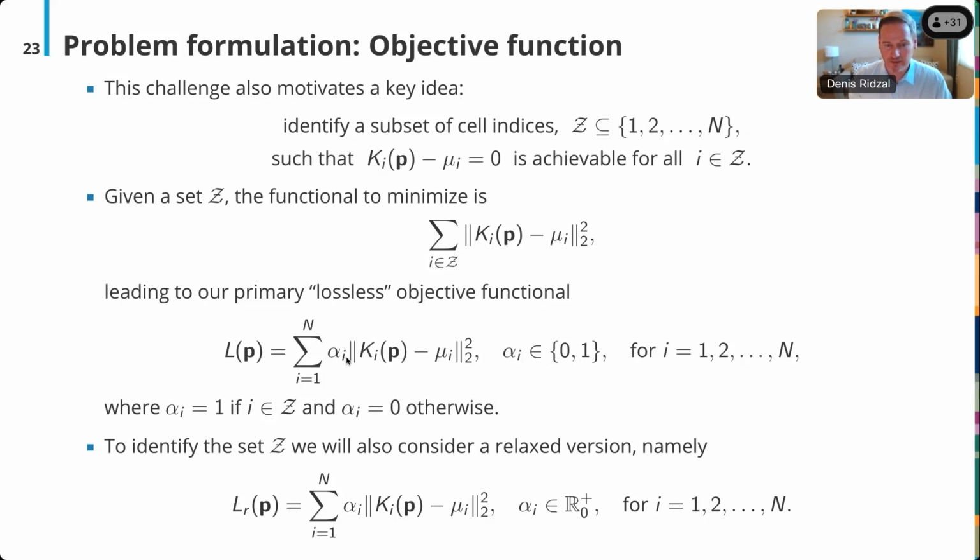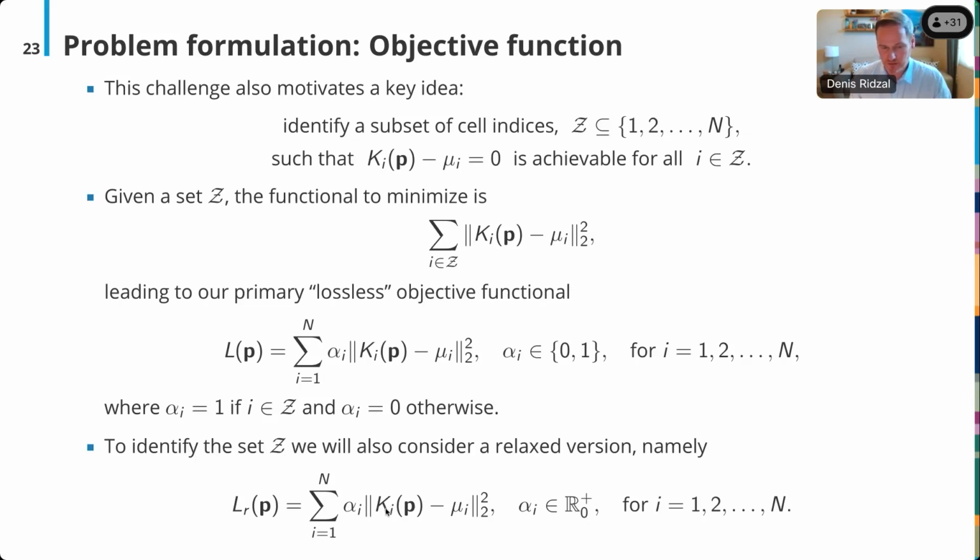And that is decided based on whether they are members of the set Z or not. So, of course, the difficulty here will be identifying these alpha i's. To do that, we will develop a procedure that's also based on a relaxed version of this objective function, the version where alpha i's are just in R0 plus.